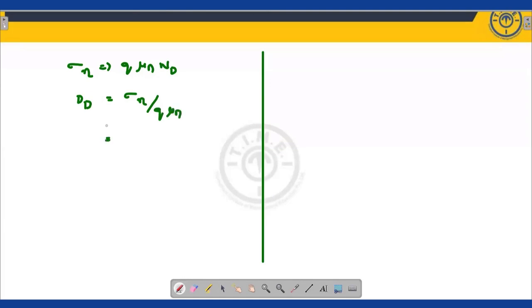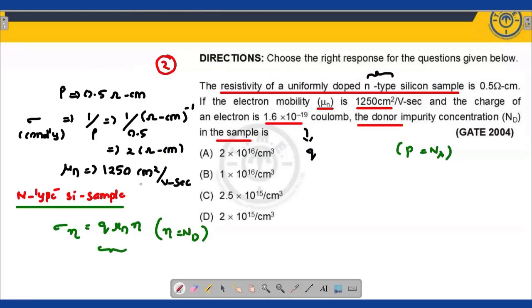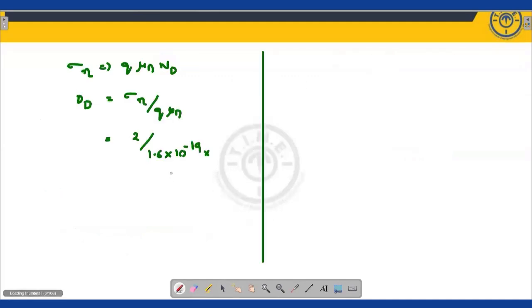So here the conductivity is equal to 2, and the charge of the electron is 1.6 into 10 power minus 19, as given. The value of mu n in centimeter square per volt second is equal to 1250. All things are in centimeters, numerator and denominator.